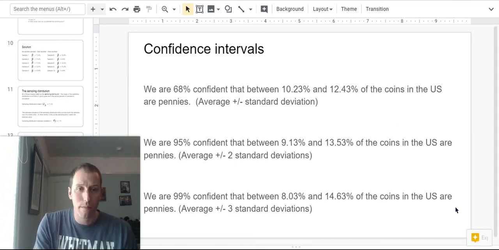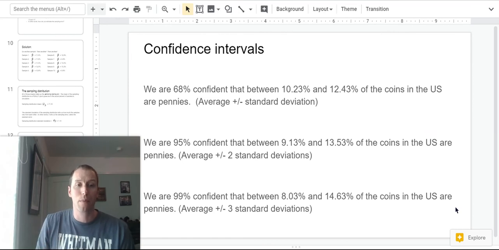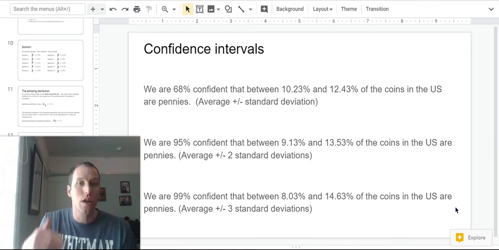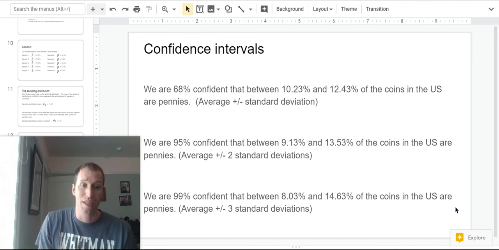Another way to frame that is to say we are 68% confident that the actual average is between our sampling distribution average, 11.33, plus or minus 1.1, plus or minus 1 standard deviation. We can say with 68% confidence that between 10.23 and 12.43% of the coins in the US are pennies.